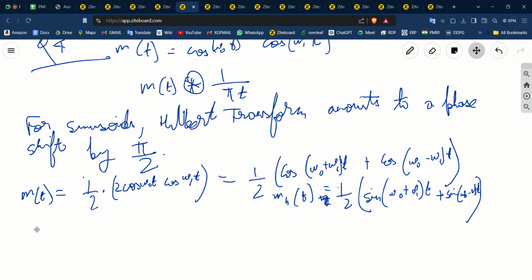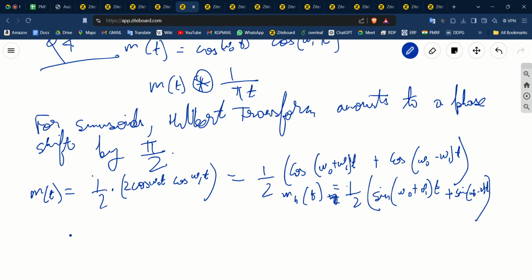So if you expand, sine a plus b is sine a cos b plus cos a sine b, and sine a minus b is sine a cos b minus cos a sine b. So finally you will get 2 sine a cos b.